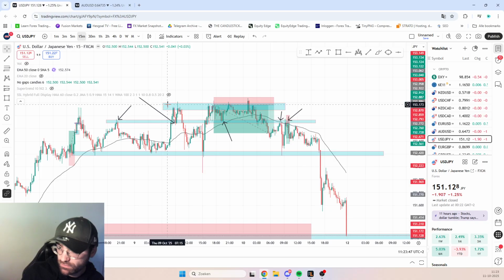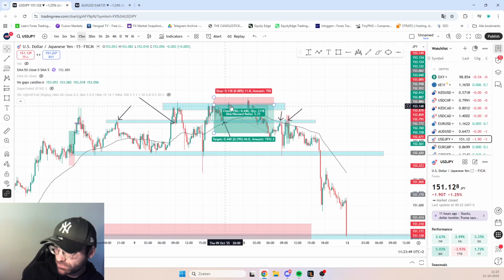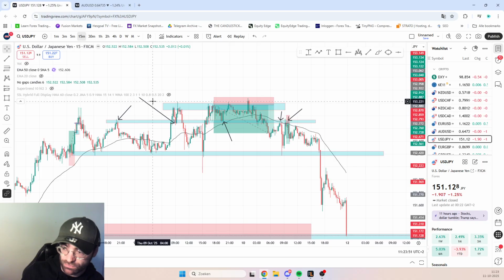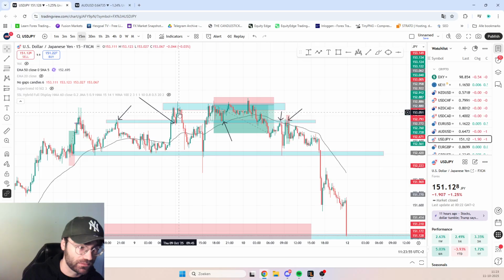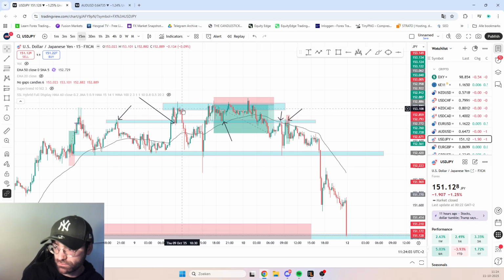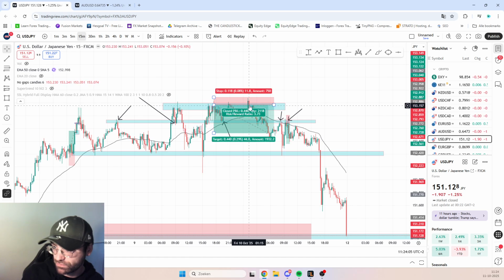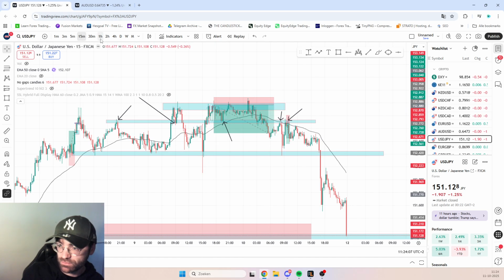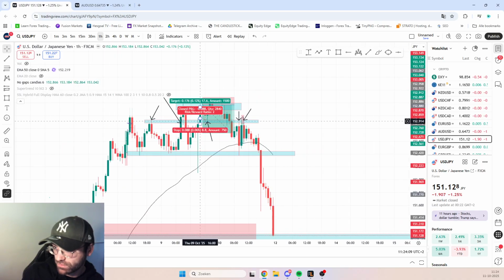The top one, where you have multiple reactions, is really struggling. As soon as you see the top not being broken for a while, then in my opinion the biggest chance is that it goes down, just logically, right? If it fails 1, 2, 3, 4, 5, 6, 7 times, then I think it will most likely go down.